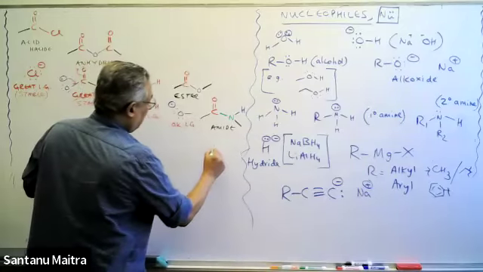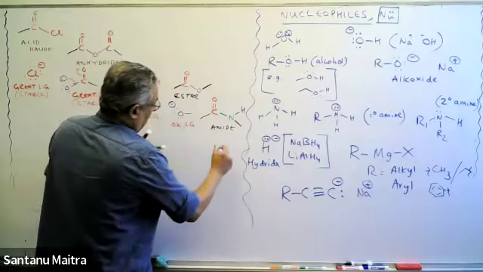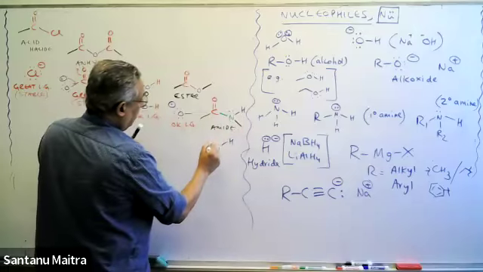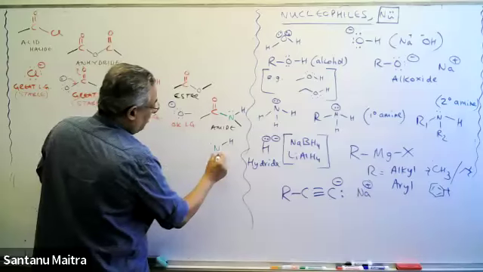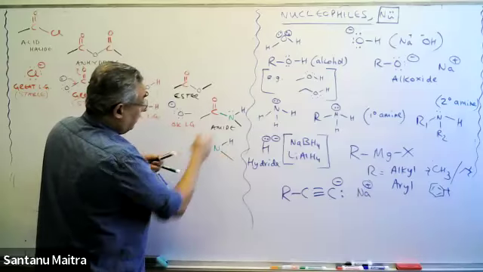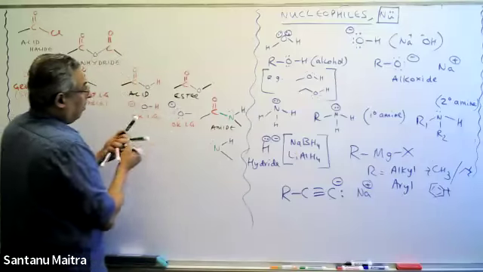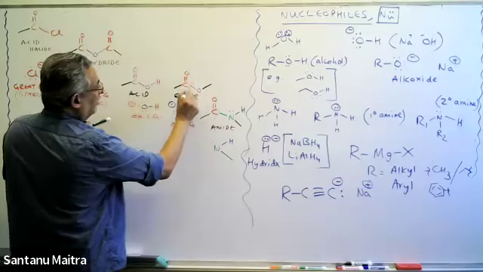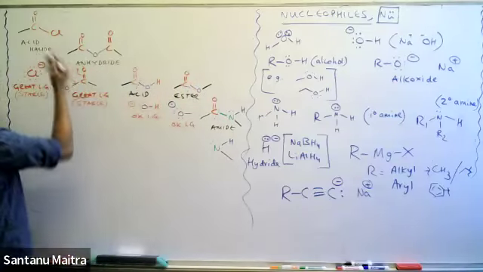It's terrible. For the amide, the nitrogen already has a lone pair, and the methyl group is not going anywhere. And it gets a second, because this is where you cut the molecule. When the leaving group leaves, this is where you cut the bond.